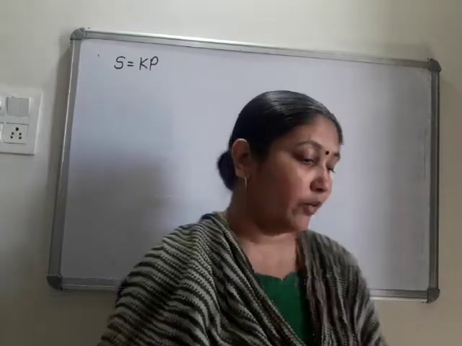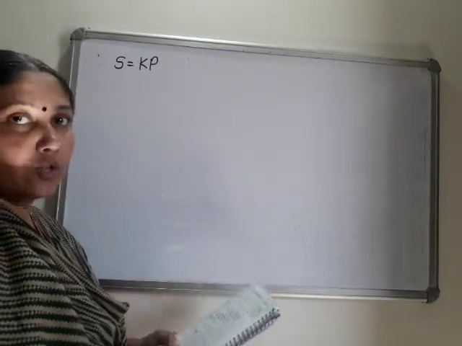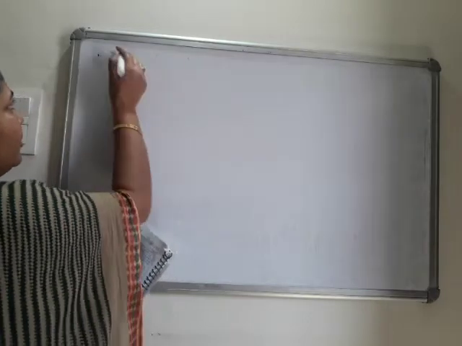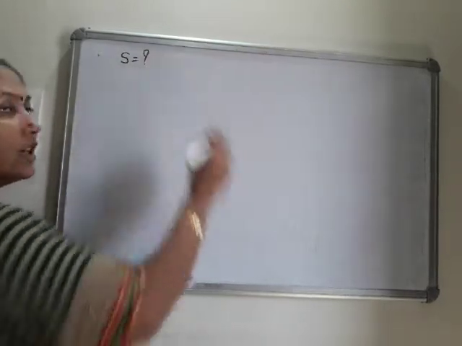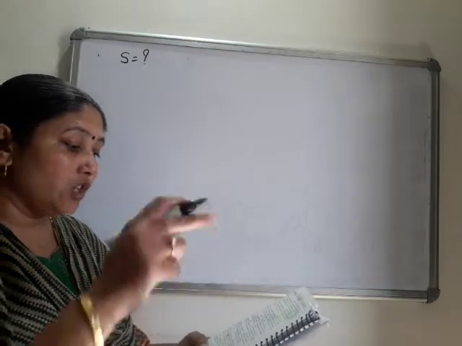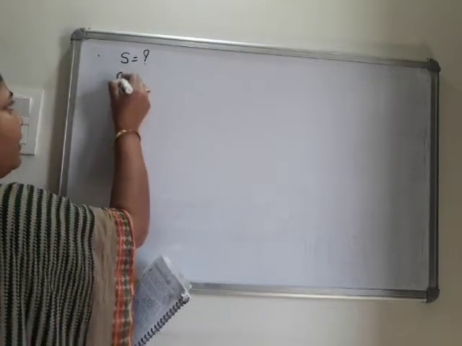Read the question carefully. What is given? What is the concentration of dissolved oxygen? Concentration of dissolved oxygen means we have to find solubility. If partial pressure of oxygen is given, it means pressure applied on it, so the P value is given.